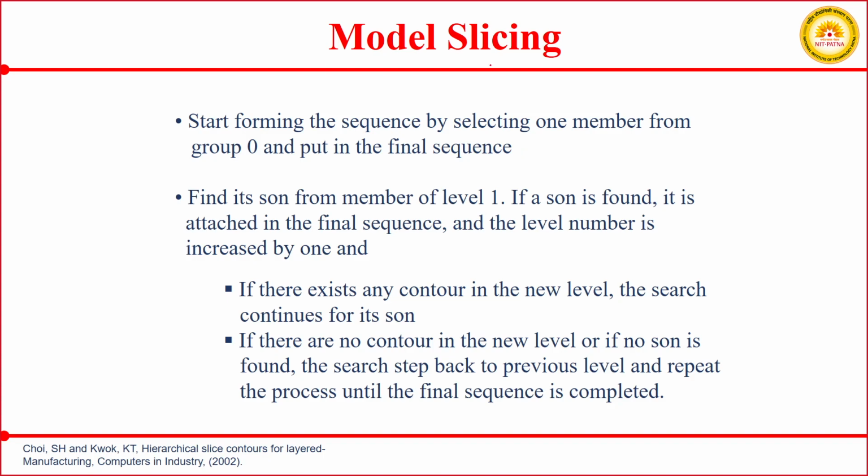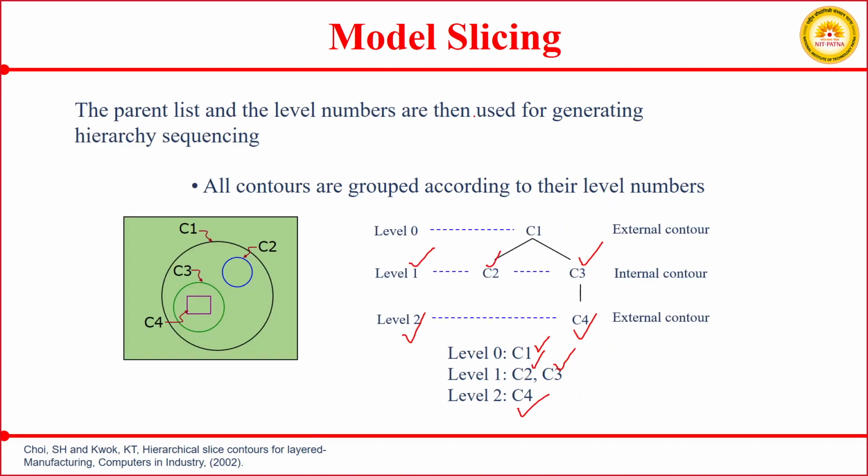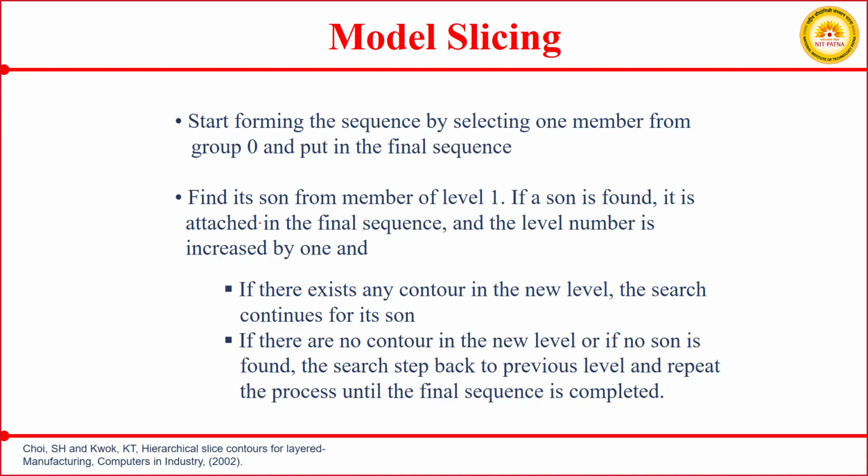So how will we start? In this simple case it looks well organized because we have only four contours, but in an actual case there will be a large group of contours, and all of these will be scattered in an arbitrary manner.